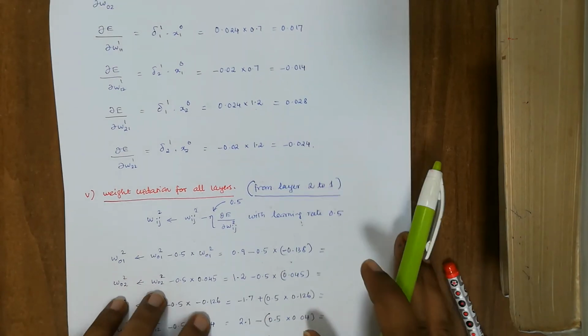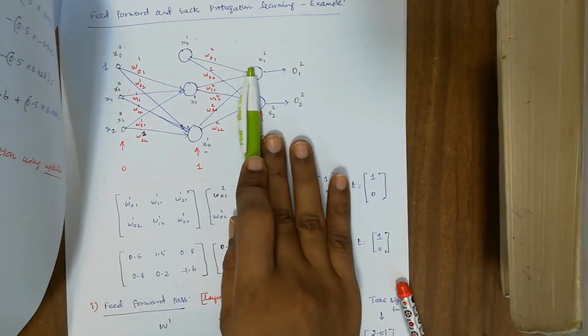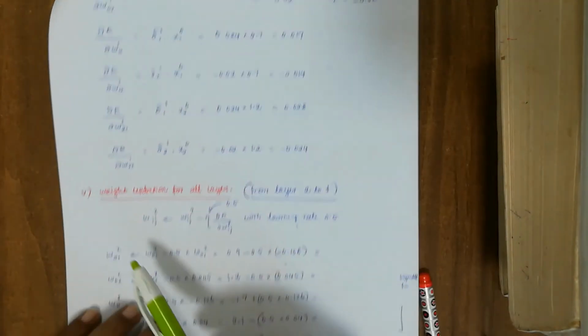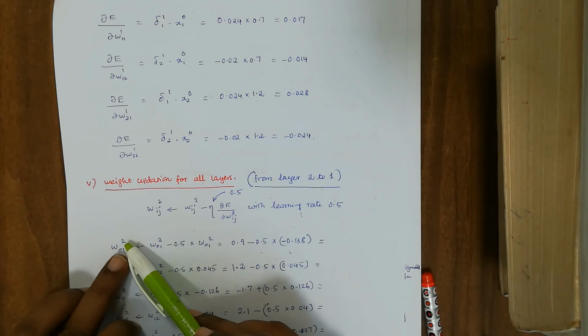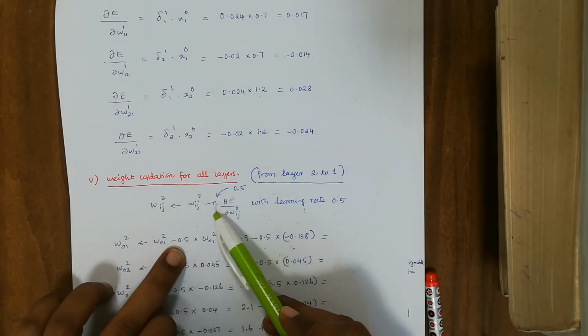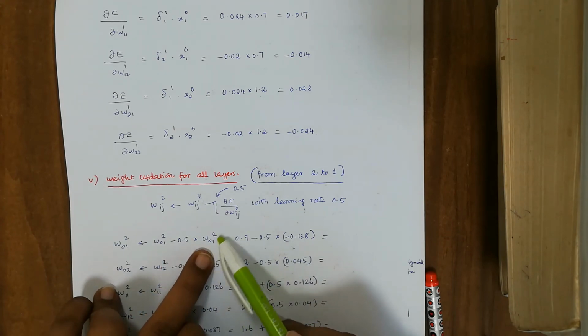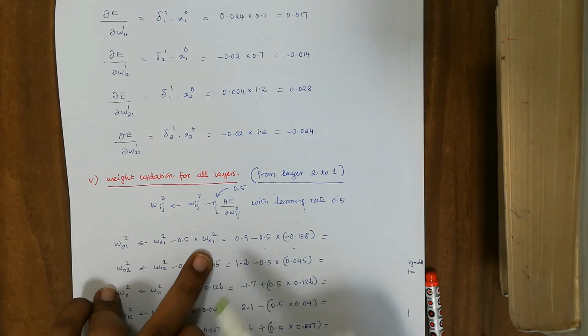Now let us proceed with the weight updation rule from the output to the previous node, which is W01 in the second layer. W01 minus learning rate: if we take the learning rate as 0.5, then 0.5 gets multiplied by dou E by dou W01 in the second layer.